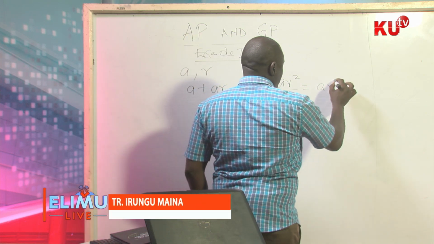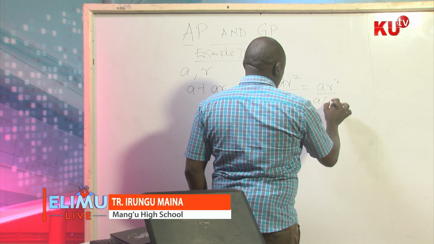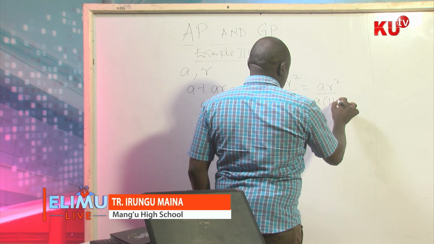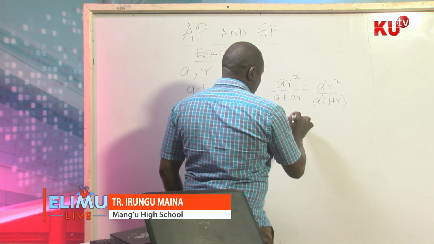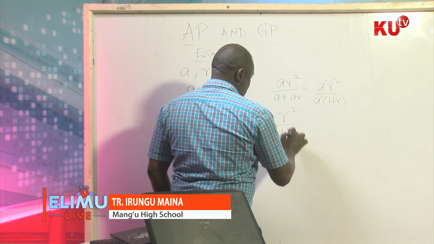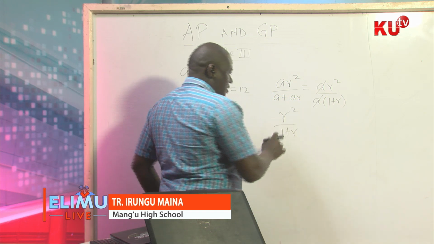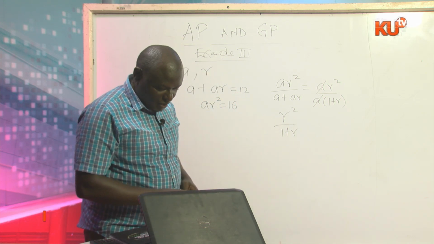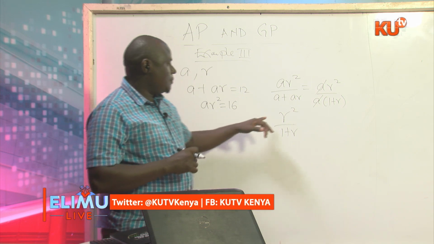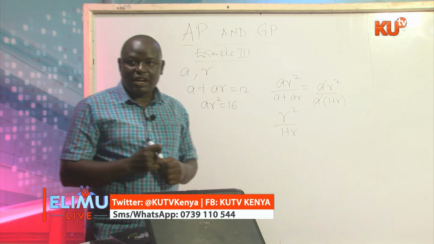I'll have AR squared over A into 1 plus R. And we can cancel A. I'm left with R squared over 1 plus R. This is the ratio that we are talking about, and we can leave it at that point.